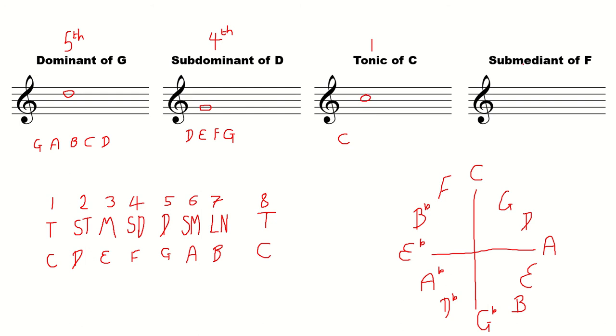The submediant of F. So F has once around the circle counterclockwise. It's going to have 1 flat in it. So we are going to go, and submediant is the 6th.